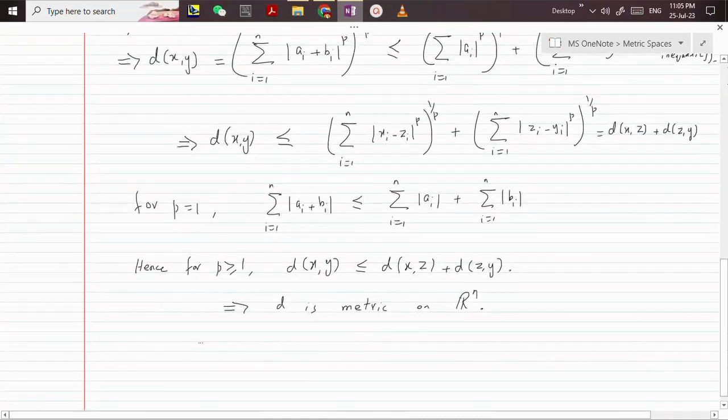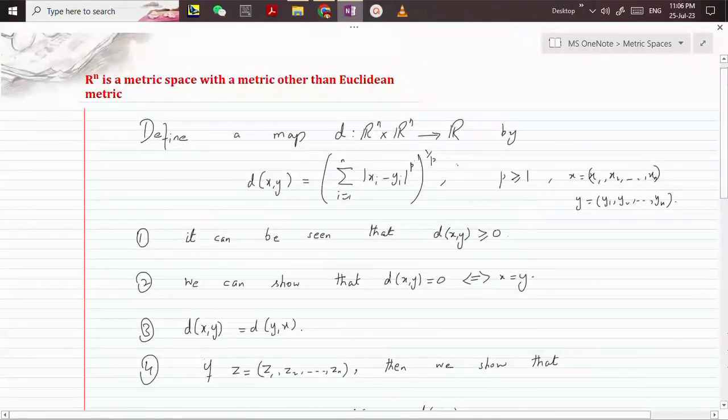Therefore, the pair (Rn, d) is a metric space, a metric space with the metric d. What is d? d is defined above here, and this metric is not the Euclidean metric.